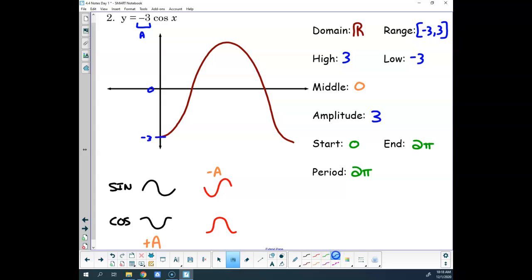Negative 3, 0, positive 3. Until tomorrow, those will be our 5 horizontal ones.